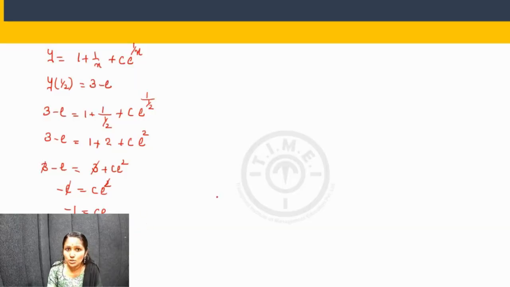Now substitute the value of c in our solution. We can take this as equation number 1. We will get y is equal to 1 plus 1 by x plus c, which is minus 1 by e, into e raised to 1 by x.